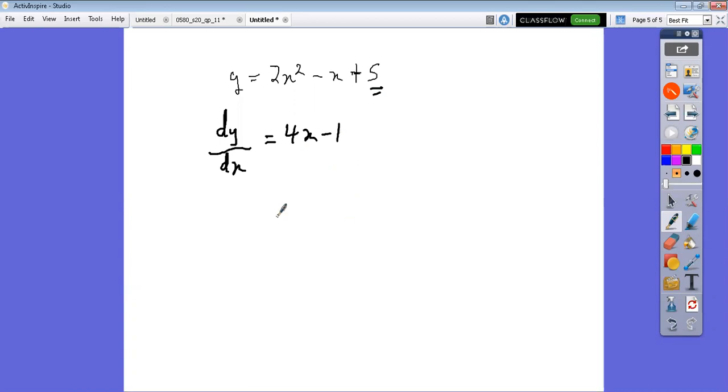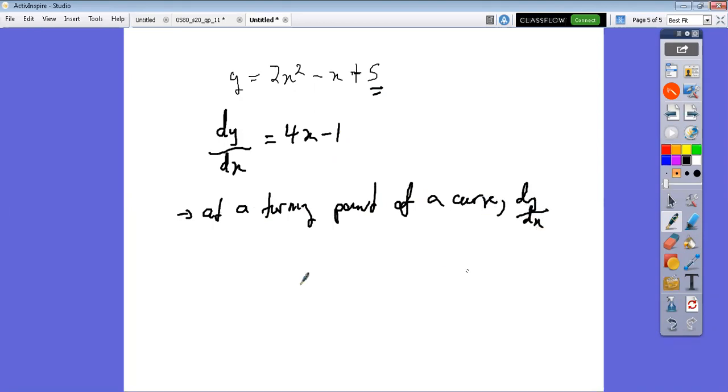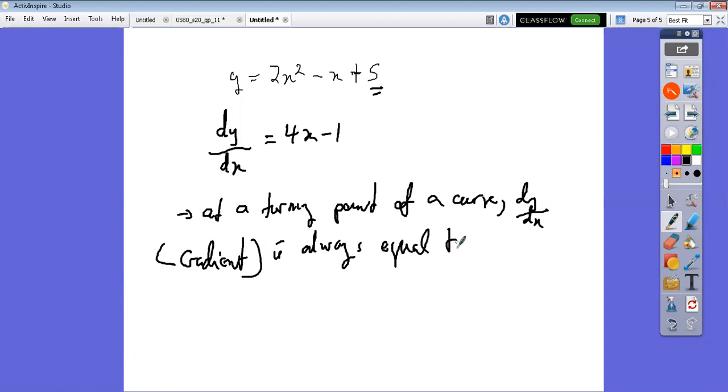Then, what you now need to write down is that at any turning point of a curve, dy over dx, which is always the gradient, is always equal to 0.